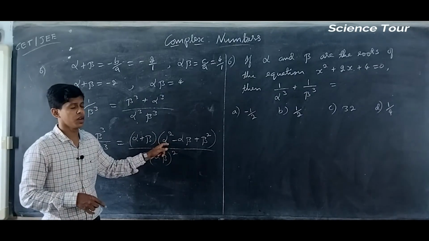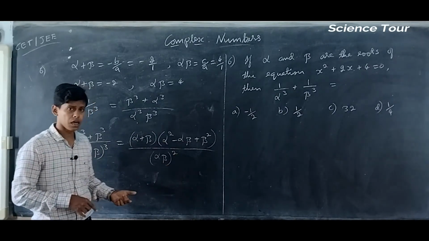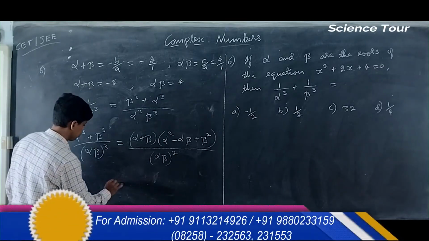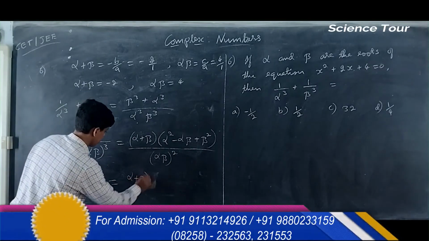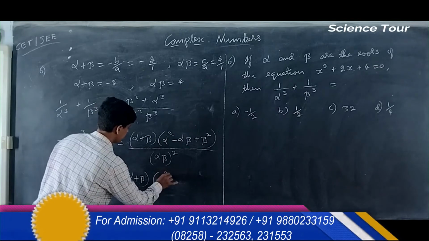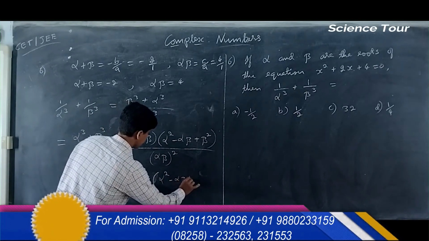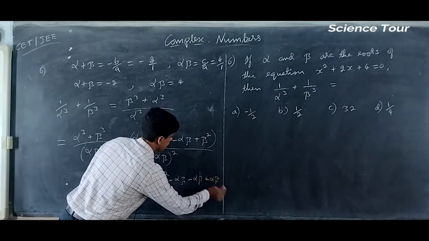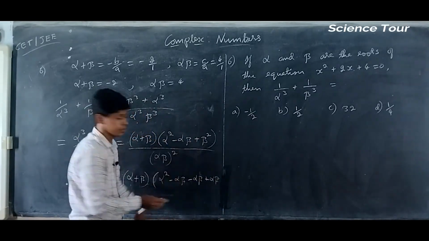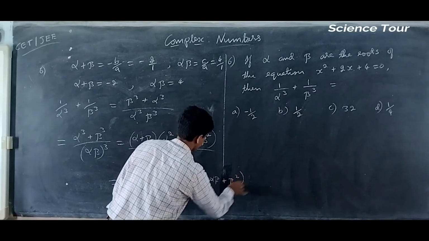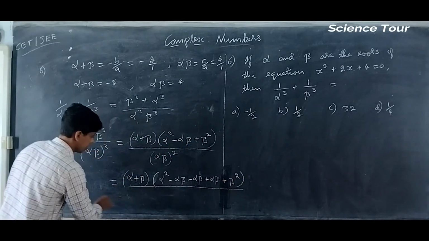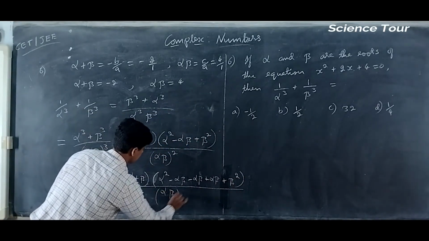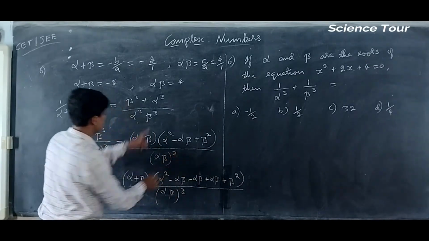We don't know the value of alpha, or the value of beta, right? So continue. I am just adding or subtracting first, and then plus beta square here, divided by alpha beta whole cube. I'm sorry, that was cube.